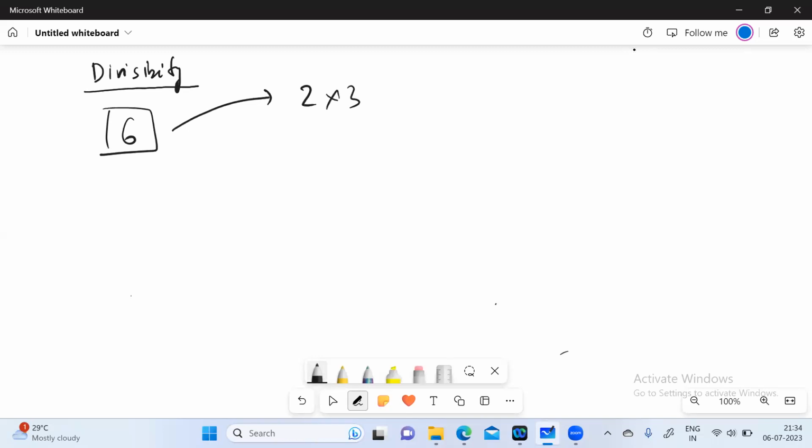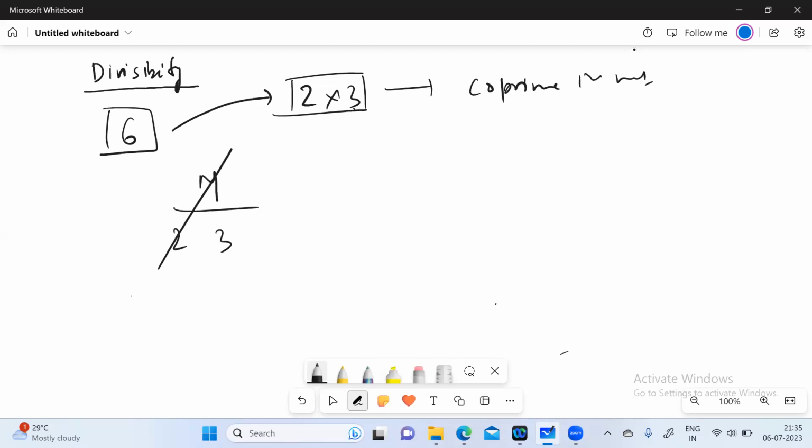Here the only two factors for 6 are 2 and 3, which are already co-prime in nature. So if any number n separately gets divided by 2 and separately by 3, it will also get divided by 6.